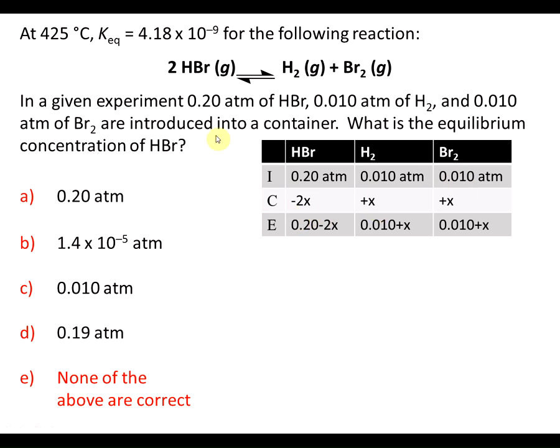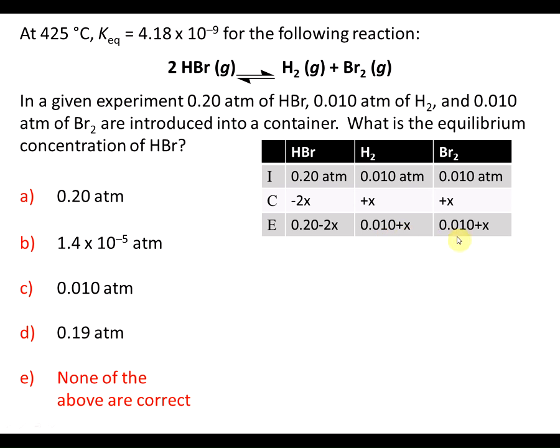I like to just assume we're going the forward direction, so we're going to subtract 2x from there. That's going to make 1x of H2 and 1x of Br2. So our equilibrium concentration is going to be 0.2 minus 2x for the HBr. The H2 is going to be 0.01 plus x, and the Br2 is going to be 0.01 plus x.